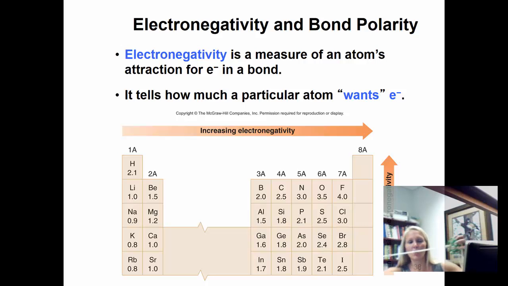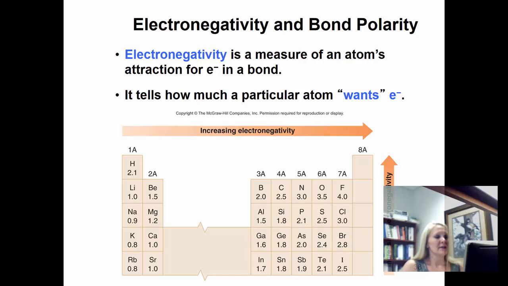So in my way of thinking, it wins the tug of war. It's pulling those electrons. So if this is the more electronegative atom, then the electrons are not equally shared in the bond. They're going to be shifted towards the more electronegative atom.